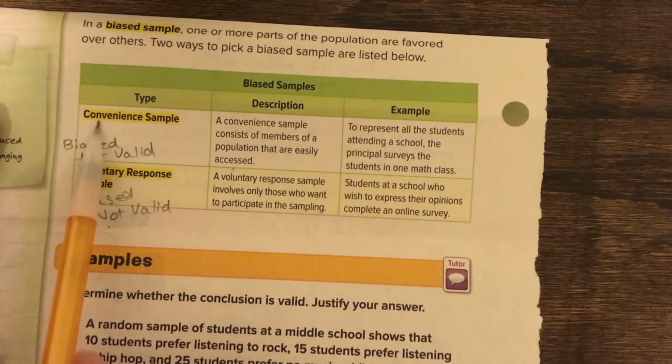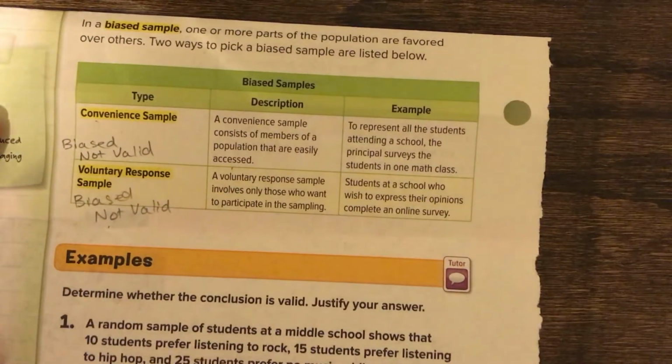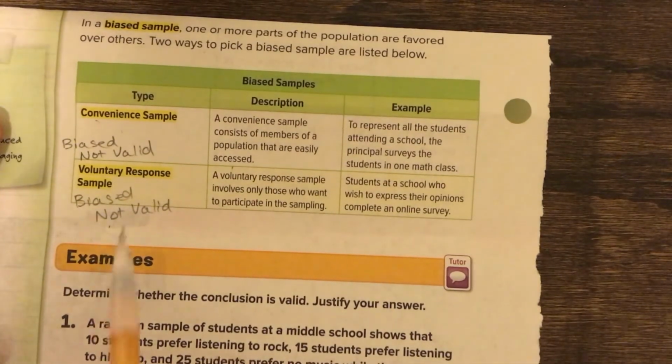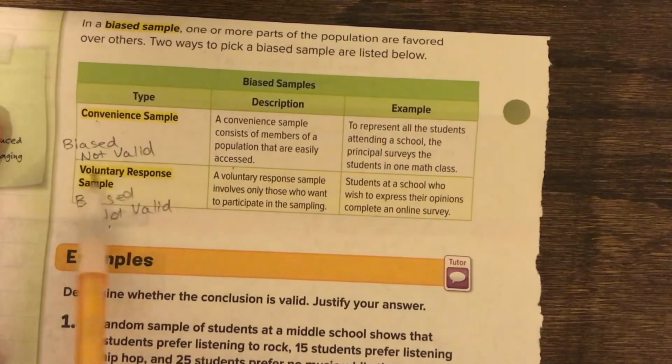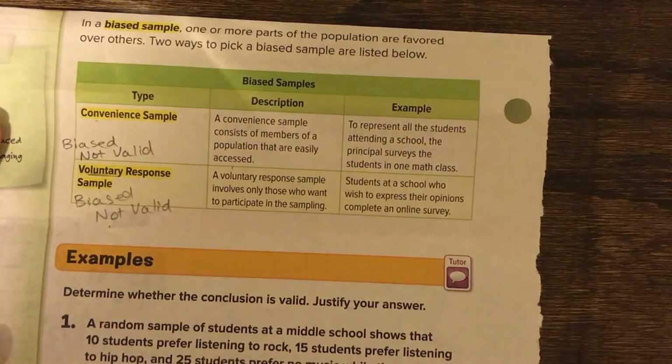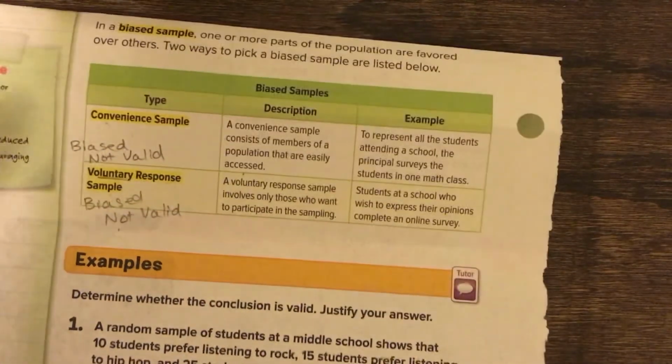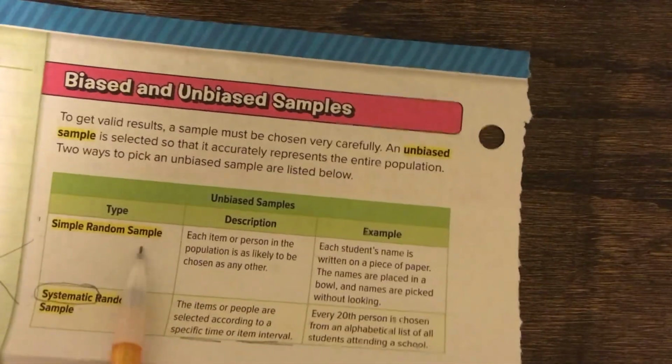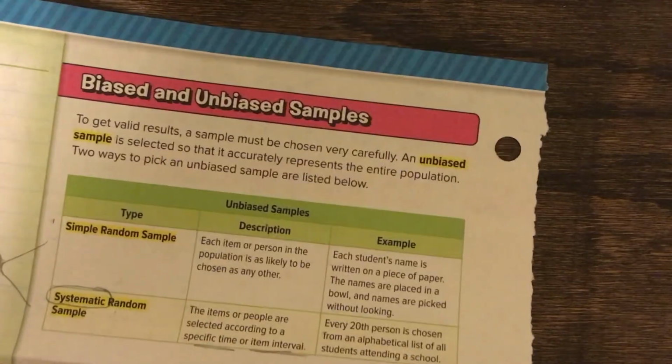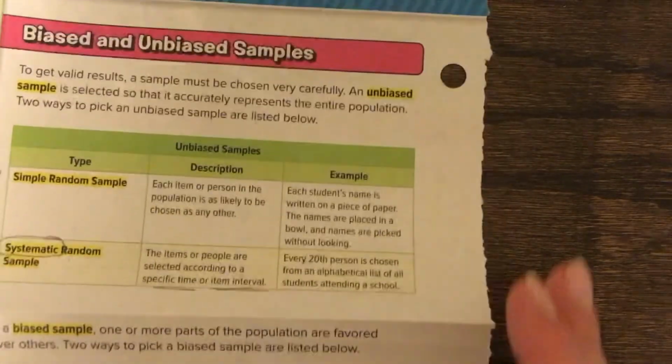Convenience is very easy: there's just a group in front of you and it's easy and convenient to sample them. Voluntary response is exactly what it is: if you volunteer to call in, write in, email in, something like that. On your assignment, I'm going to give you a situation and you're going to have to tell me which type was used. Was it simple, systematic, convenience, or voluntary?